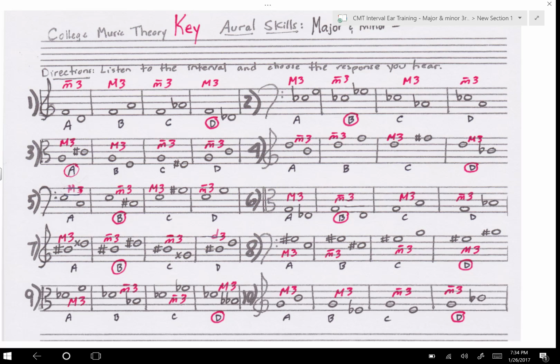So here is 1A. One B, 1C, and the correct response, 1D.